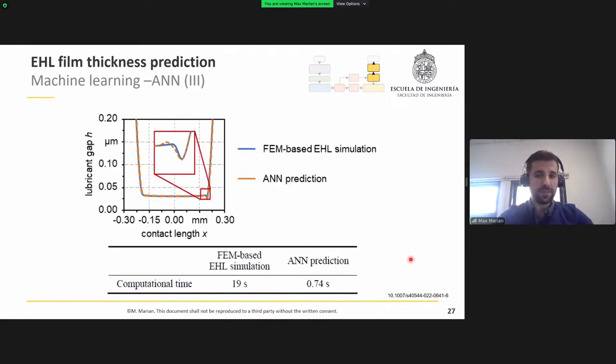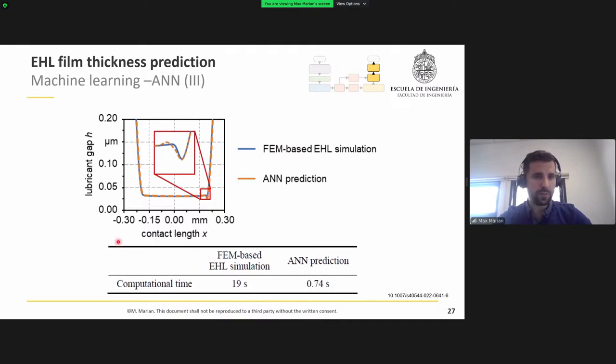One last aspect I would like to show you is the prediction of the local lubricant film distribution. This is for an infinite 2D line contact. Basically, we use the local film thickness, in other words, the film thickness as well as the contact length parameter X as training data. And thereby we reached R-square values of 1 against the testing data, including all the data sets and positions along the contact length that we obtained.